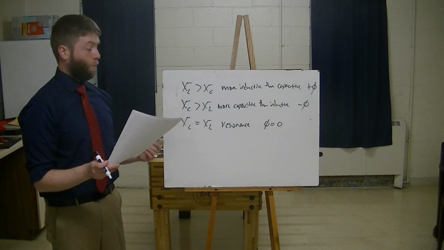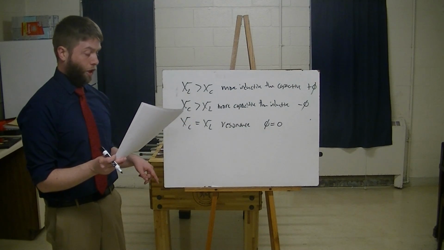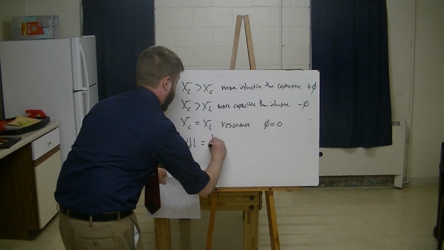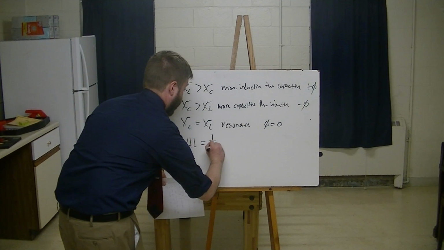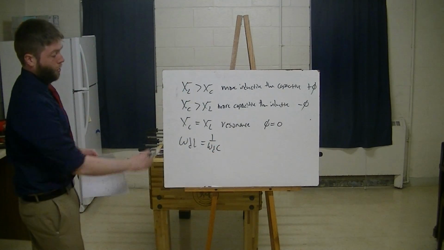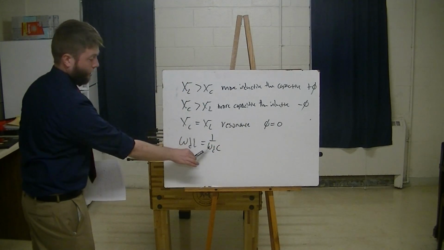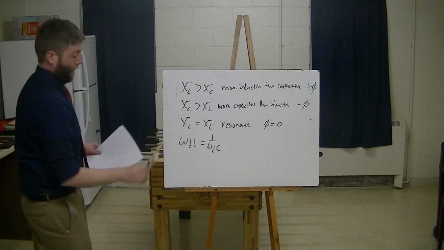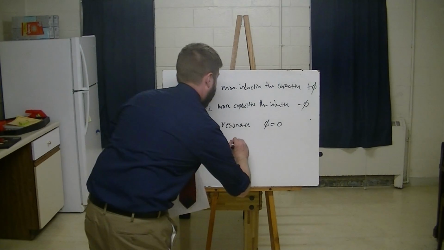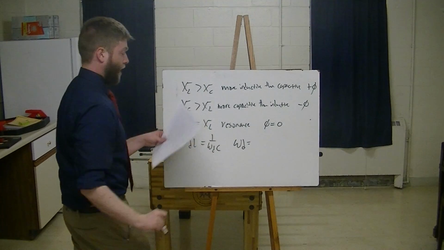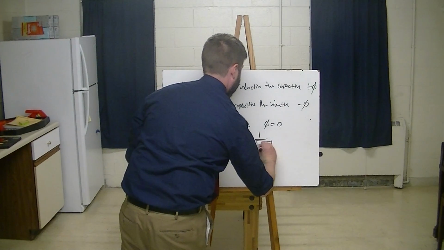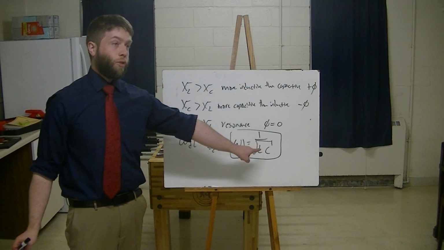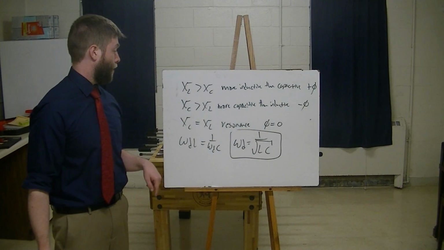If we have resonance, since they're both equal to each other, that means that omega d L is equal to 1 over omega d C. I'm setting those two equal to each other: chi C down here, chi L, omega d times L. And so that means that our resonance frequency is 1 over the square root of LC. So this is your resonance frequency right here, the special case when chi L is equal to chi C.